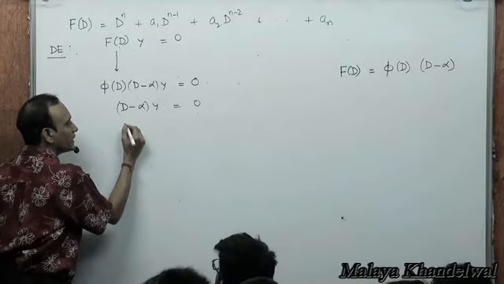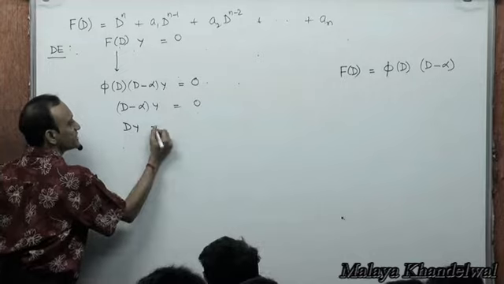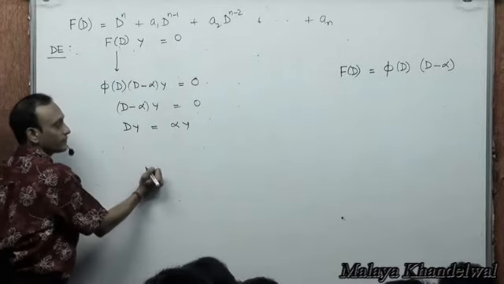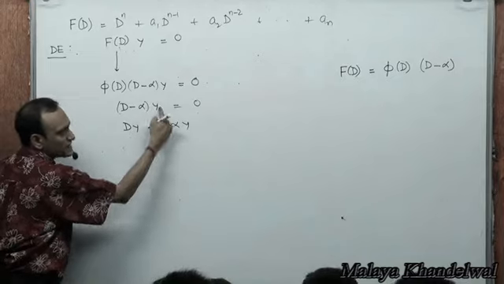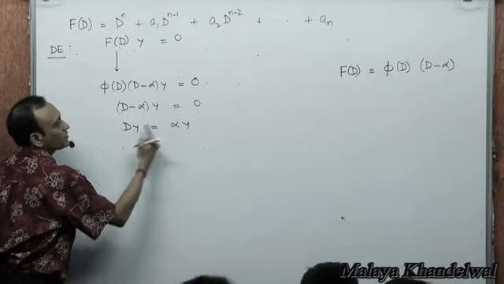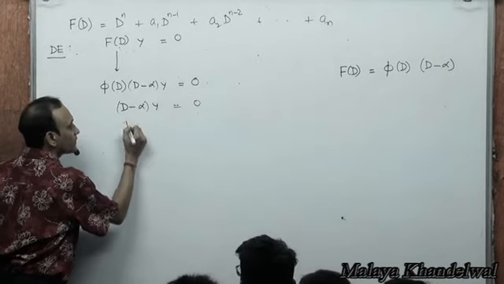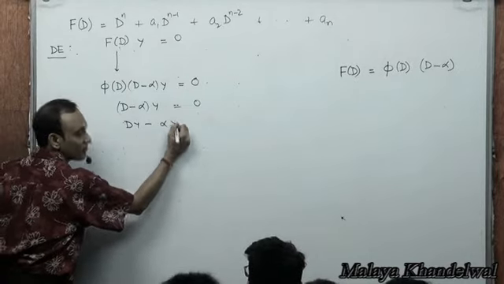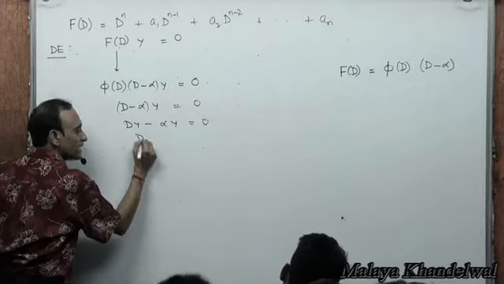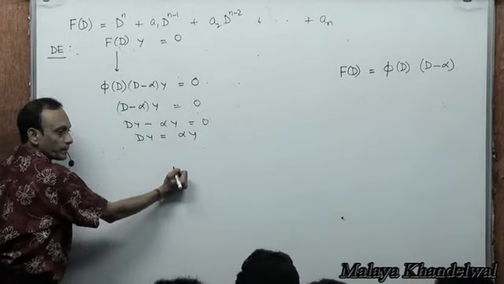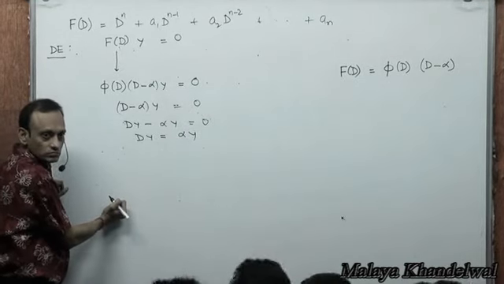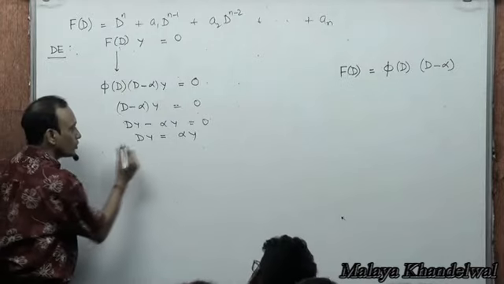Now, that means D acting on y minus alpha y is 0, so D acting on y must be alpha y. What is D?